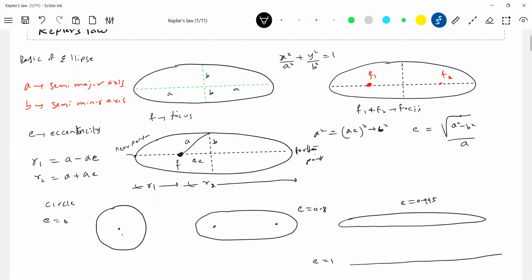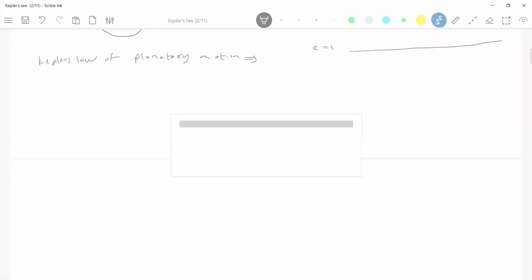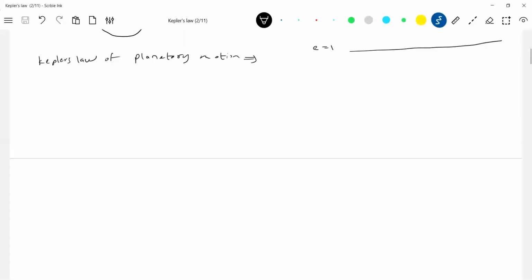Okay, let's get into this one. So now we are discussing planetary motion. Kepler's laws of planetary motion.